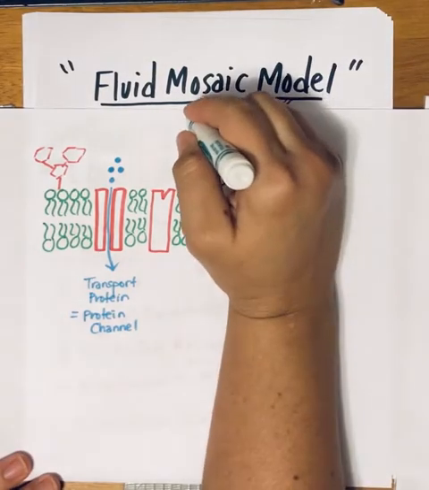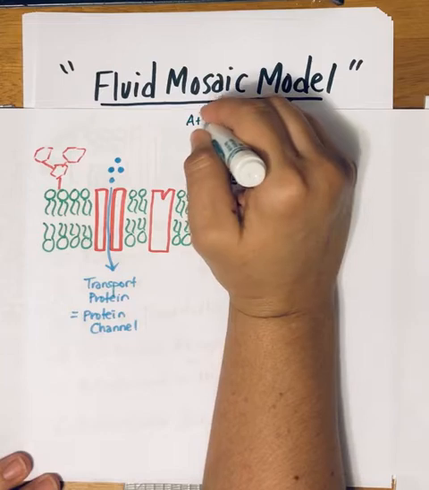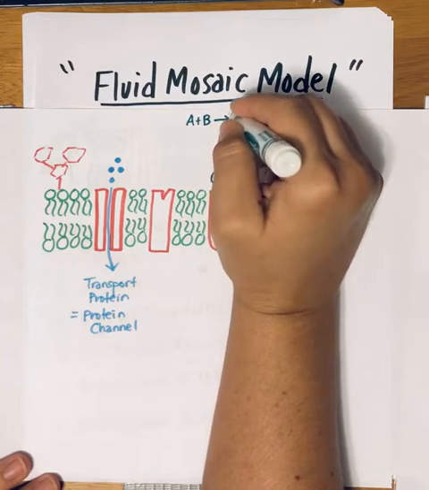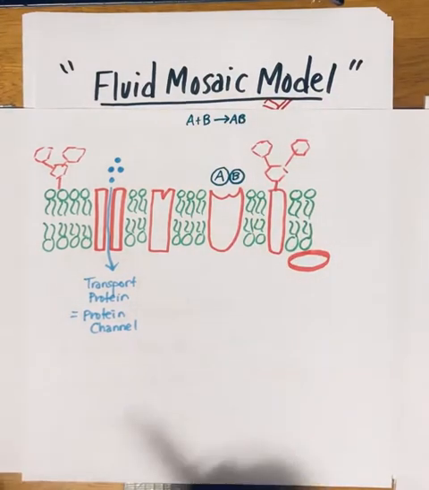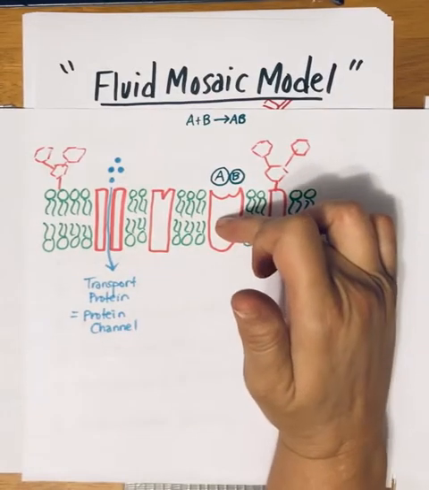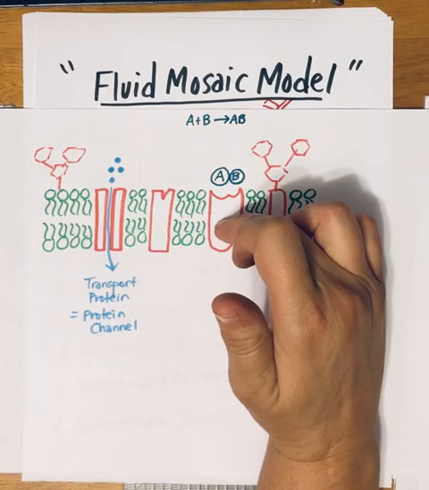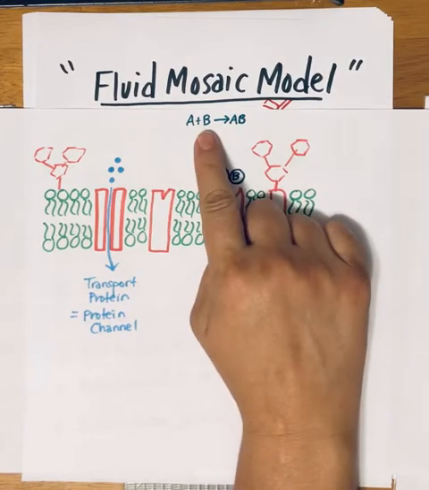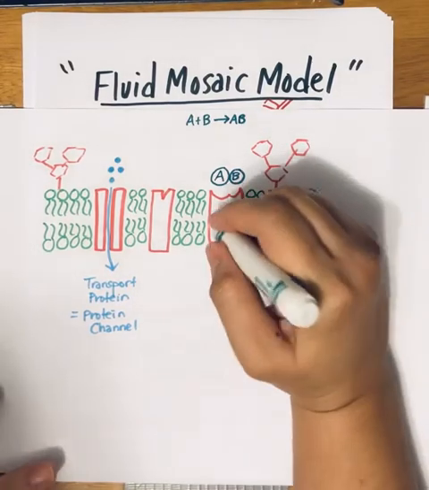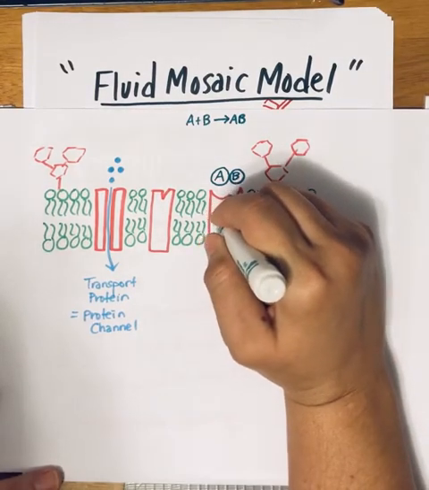So when you say A plus B yields AB, you use a protein that is an enzyme. An enzyme is a protein built into the membrane that speeds up chemical reactions. So this one right here is an enzyme.